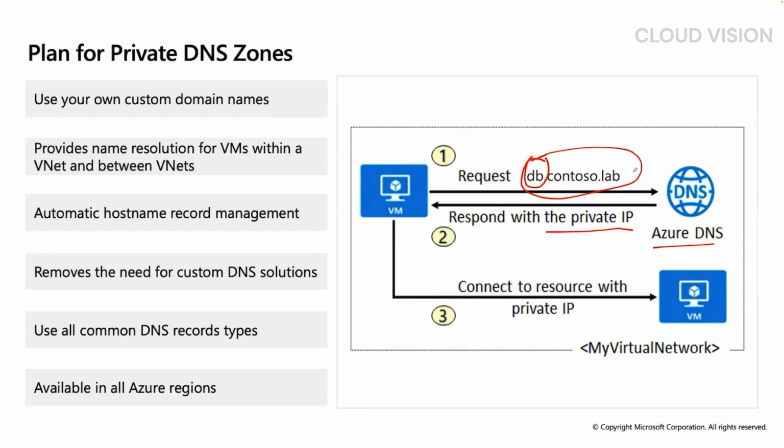The contoso.lab has an IP address, say 10.10.1.100. It goes to Azure DNS, and Azure DNS translates that domain into the IP address. Then the VM communicates with that IP address and brings all the requests and responses it needs.